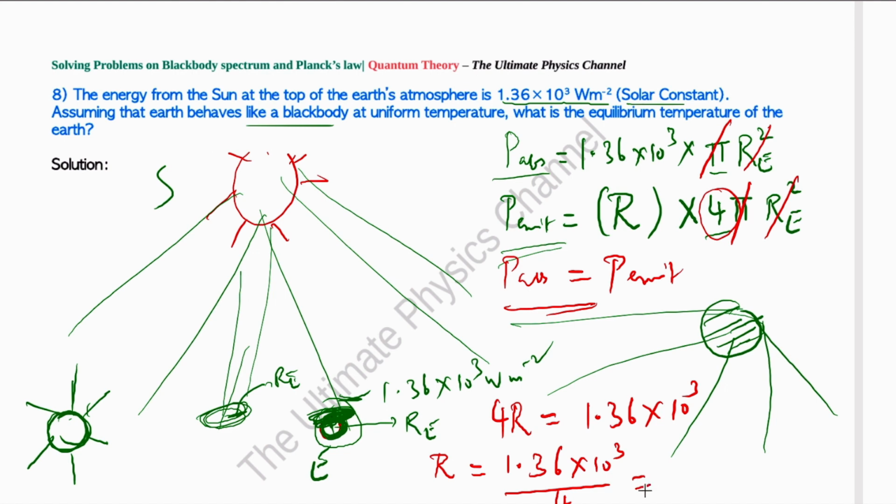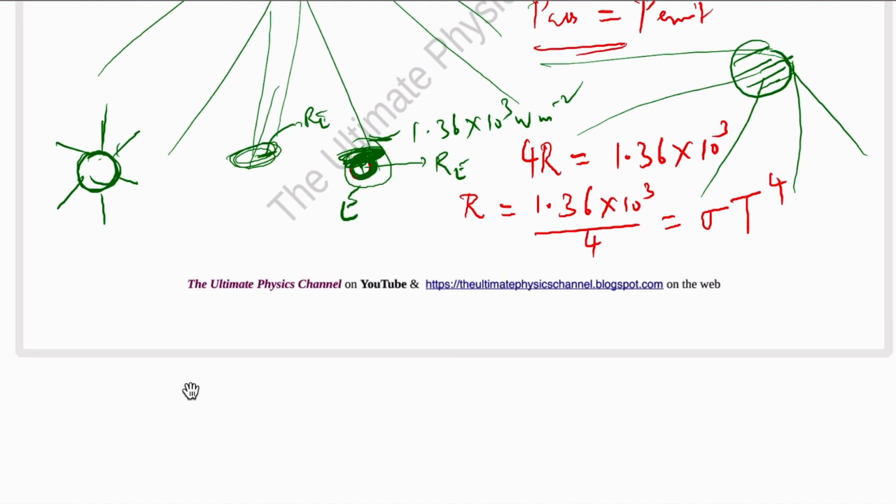That is equal to, according to Stefan's law, sigma times T power 4, because we need the temperature at which this is happening. So we are trying to get to that now.